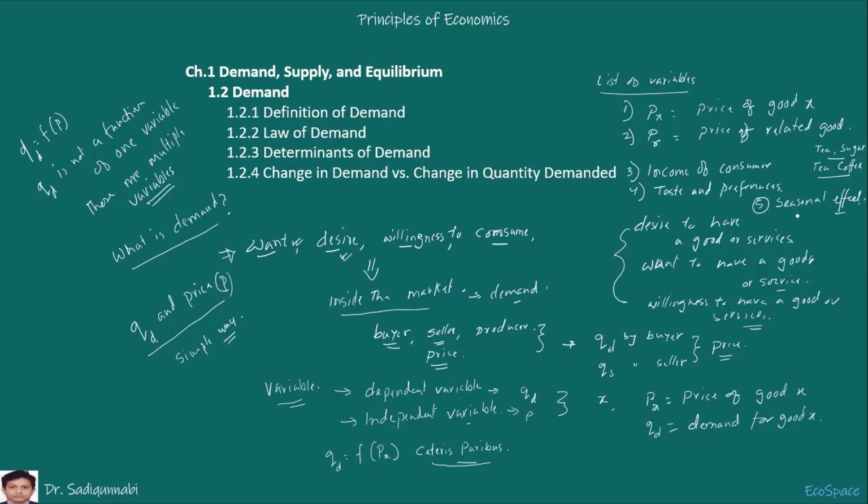And sixth one can be others, because we want to make our life easy, so we put all others in one point called others. So we have a list of variables that determine the quantity demanded.